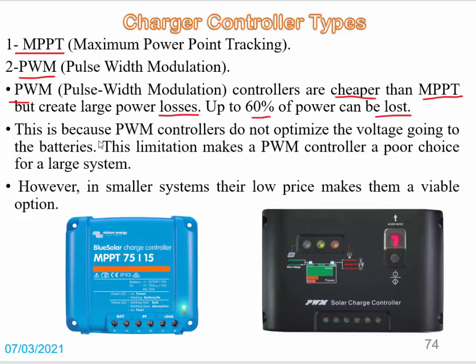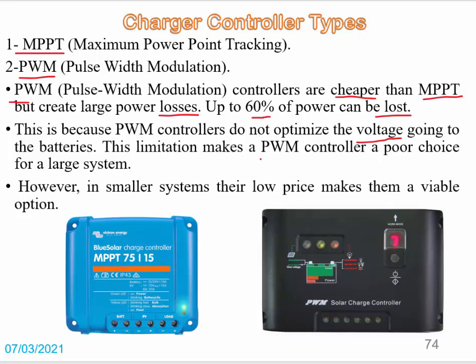This is because PWM controllers do not optimize voltage going to the batteries, and as we will see in the next lesson how the MPPT optimizes the voltage going to the battery. So this type does not optimize the voltage going to the batteries.